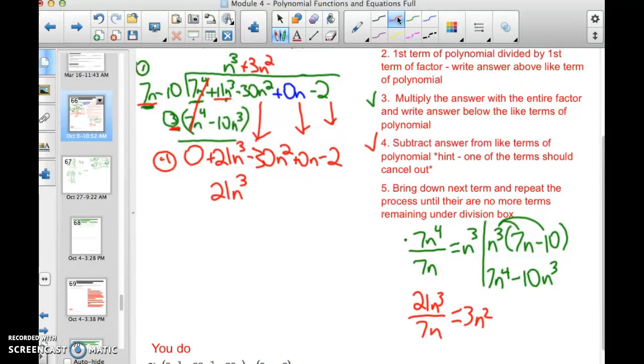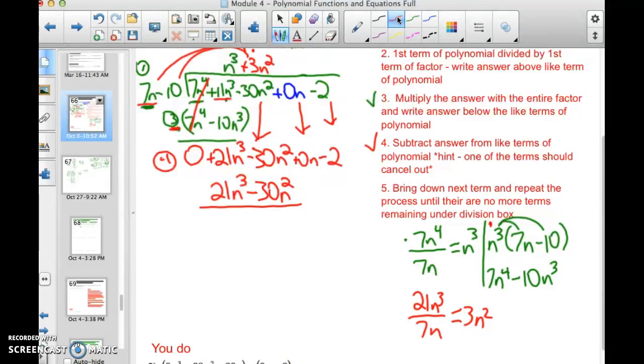And then 3n squared times negative 10 is negative 30n squared. Remember, that's this process. I just did this process again, but I used my next answer piece that I had. All right? So I did 3n squared times 7n, 3n squared times negative 10. Now, that is done with step 3.